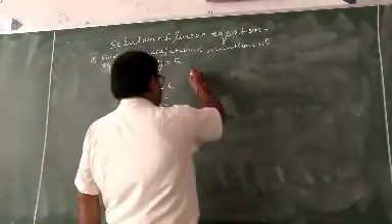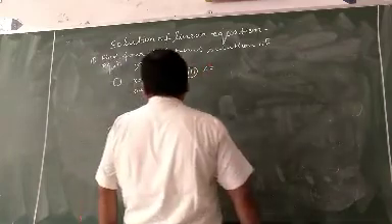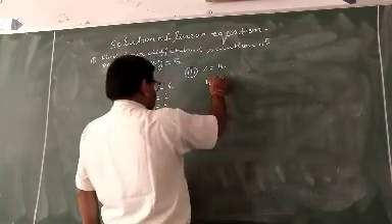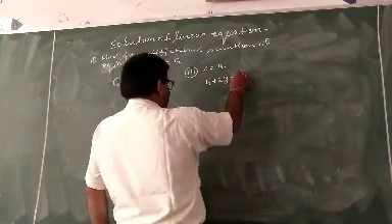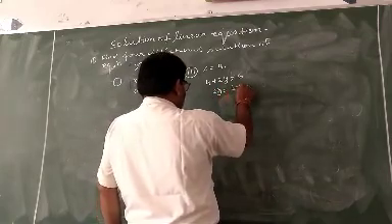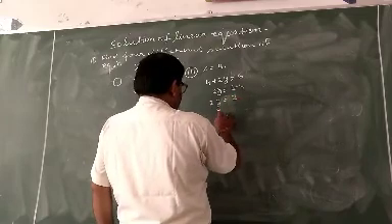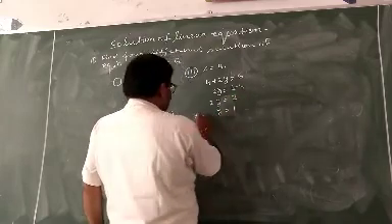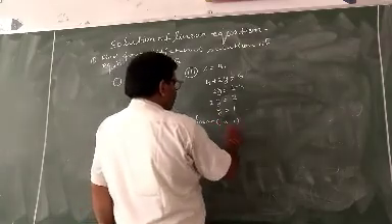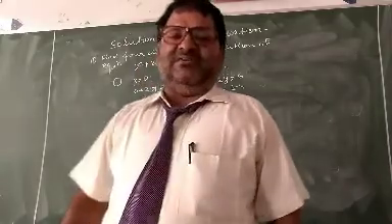And third, x is equal to 4. Now 4 plus 2y equal to 6 and 2y equal to 6 minus 4, 2y equal to 2 and y equal to 1. Now the point (4, 1) is the third solution of the given equation.